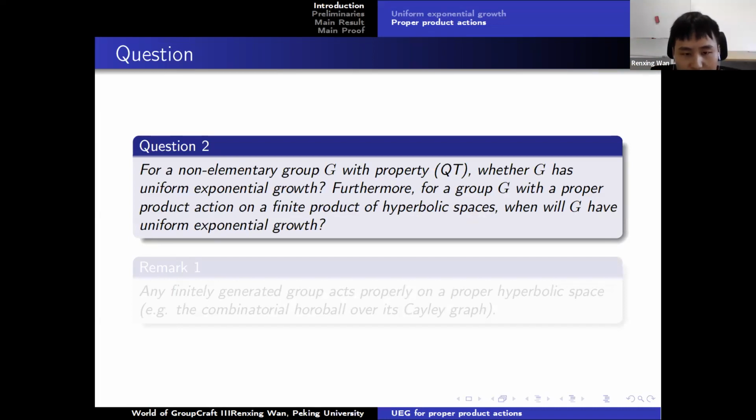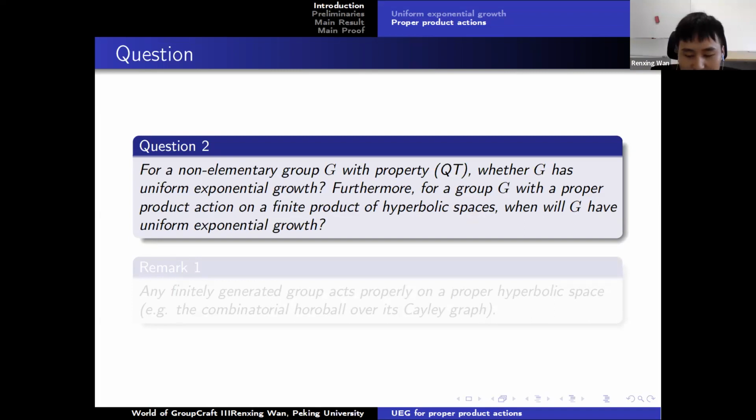For a non-elementary group G with property Qt, does G have uniform exponential growth? And furthermore, for a group G with a proper product action on a finite product of hyperbolic spaces, when will G have uniform exponential growth?